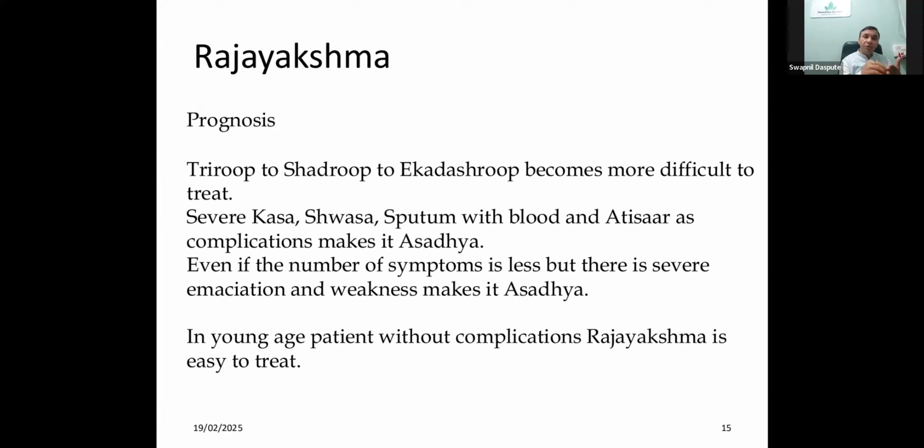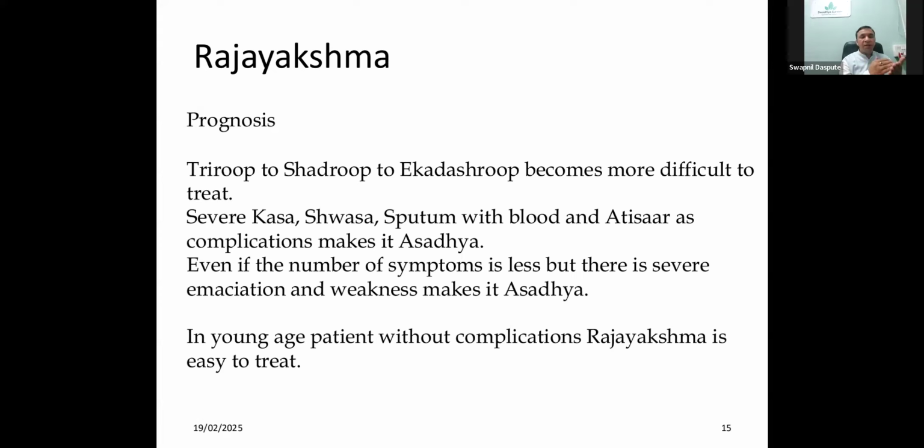Now it will need it more in Rajakshma because it is severely depleted. The dhatus have severely depleted, and for nourishment, whatever nutrient part is there in the purisha, that also will get absorbed.